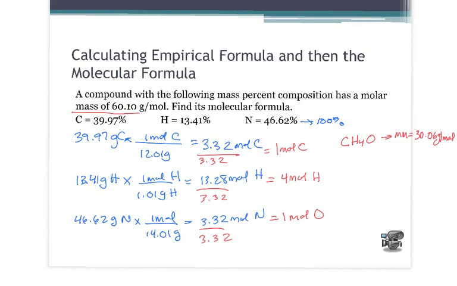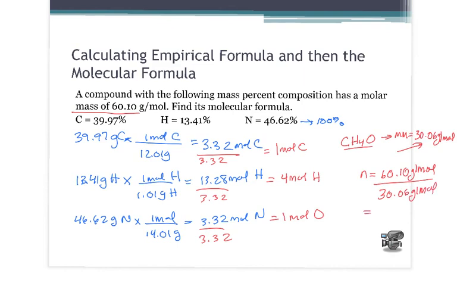So we will use our n, which is our given molar mass of 60.10 grams per mole, divided by our calculated molar mass from our empirical formula, which is 30.06 grams per mole.